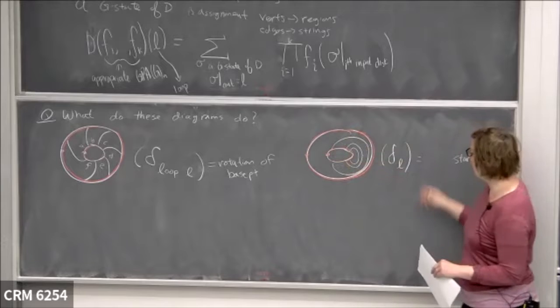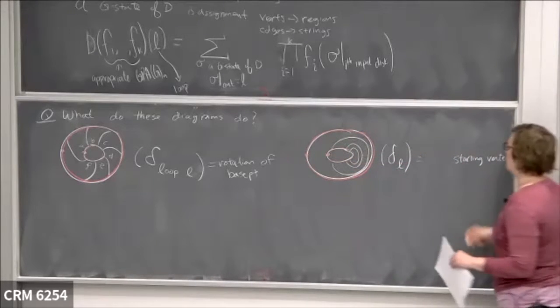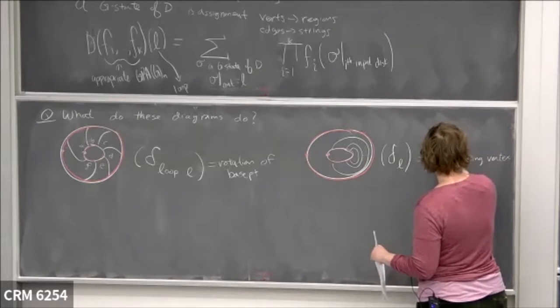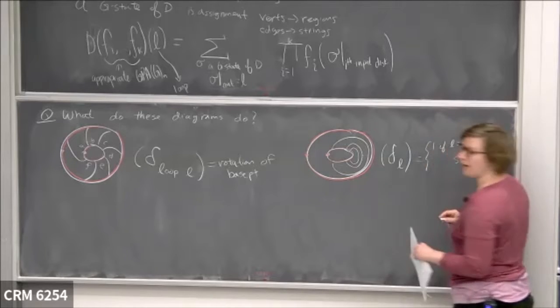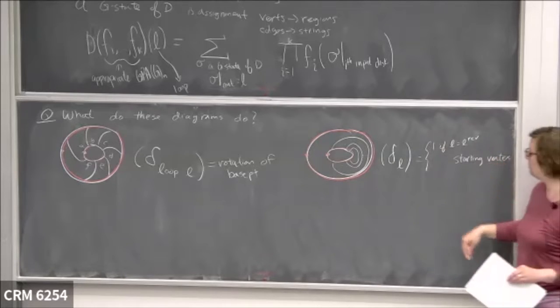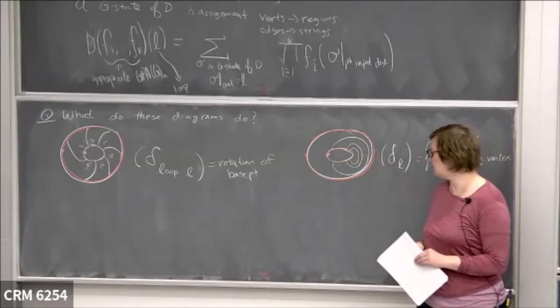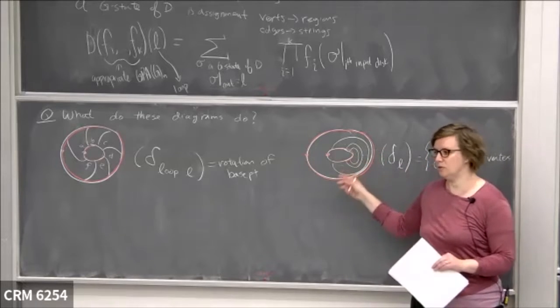Since we gave it a particular loop, really what it's doing is giving us 1 if this path is the same as its reverse. If we traverse the path forwards or backwards and we get the same thing, then we get 1. Otherwise, there are no states on this diagram that are consistent with the data of the loop, and so we get a 0 back.